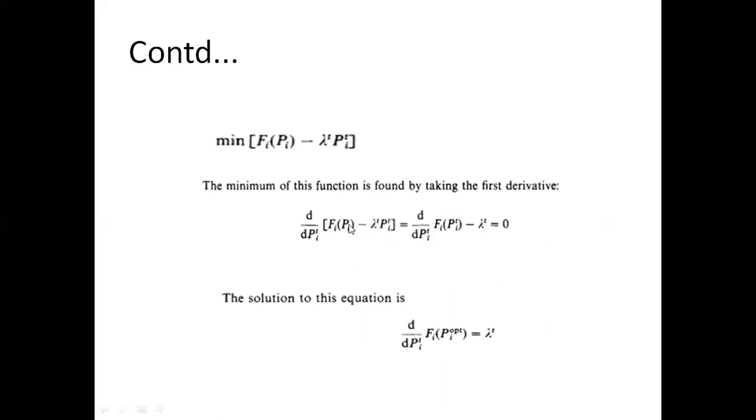After the derivative, d/dP_it, we get the equation whose solution is dF_i(P_i optimum)/dP_i equal to lambda_t. To find the minimum value, we do a first order derivative of that equation with respect to P_i.